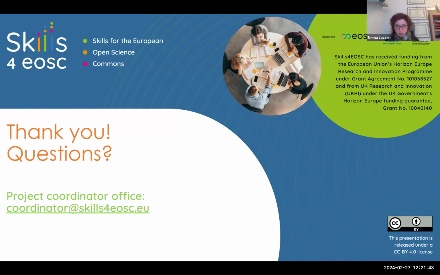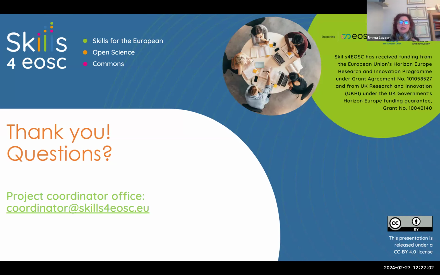But let me mention that there is also another project that has started in January 2024. It is called OSCARS. No, not all the disciplines. This is just, how to say, a pilot to cover a few disciplines.